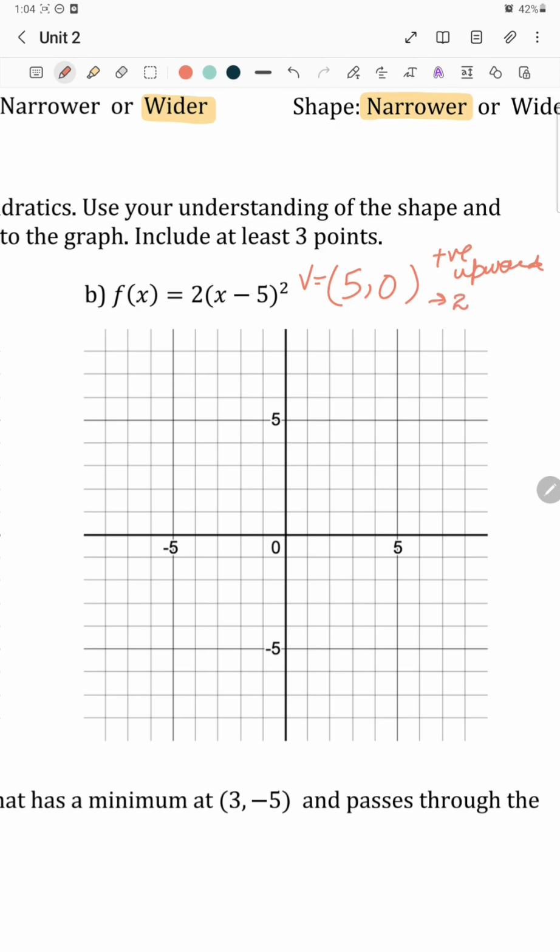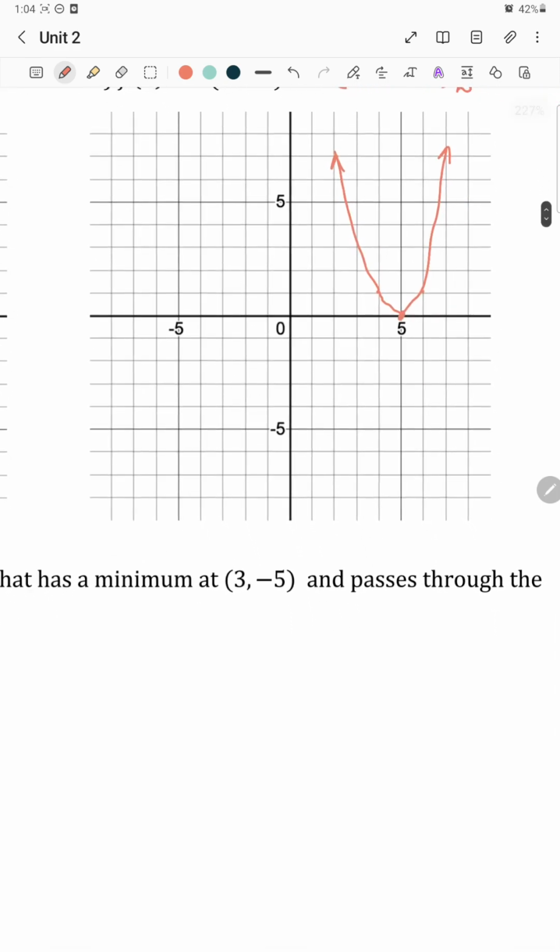Multiplying by 2 means it's narrower. So 5, 0, narrower, and upward. Okay.